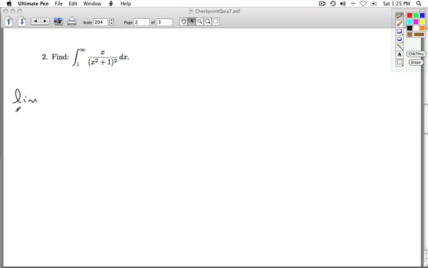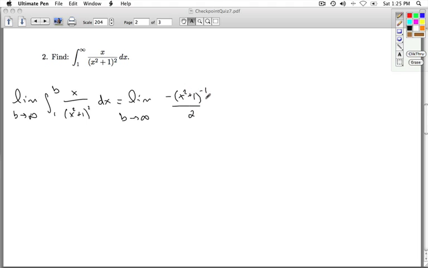So the limit as b goes to infinity of the integral from 1 to b of x over x squared plus 1 squared dx is the limit as b goes to infinity of minus (x squared plus 1) to the minus 1 over 2 evaluated from x equals 1 to x equals b.